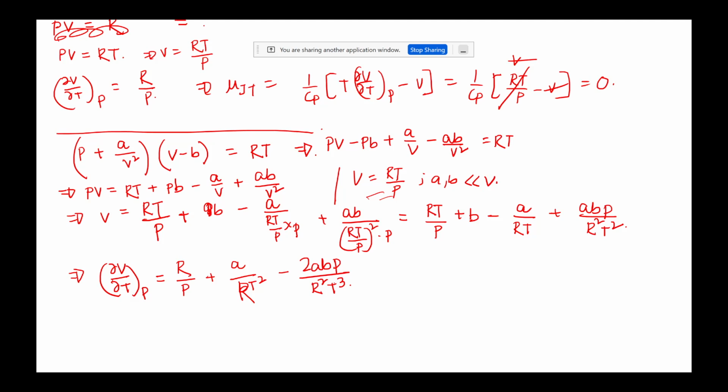Now we have to do T dV dT at constant P. So for that we have to multiply with T. So this will be RT by P plus A by RT minus 2ABP by R square T square.